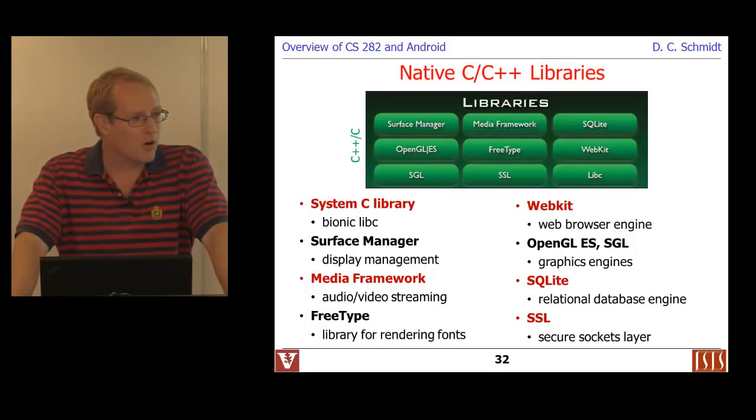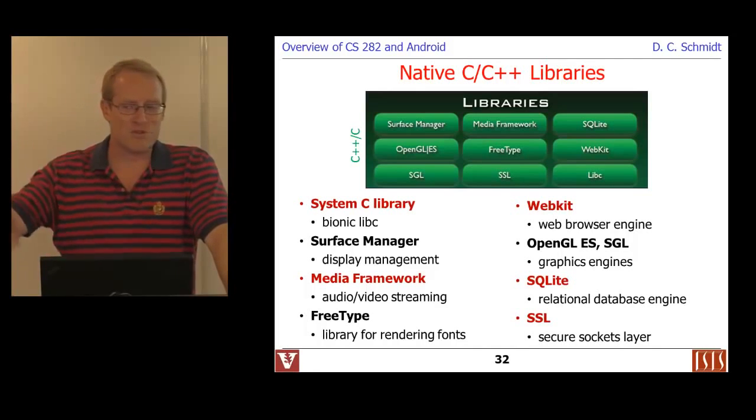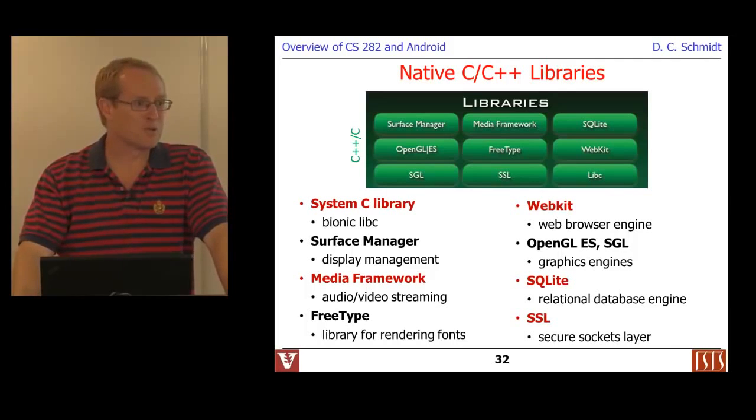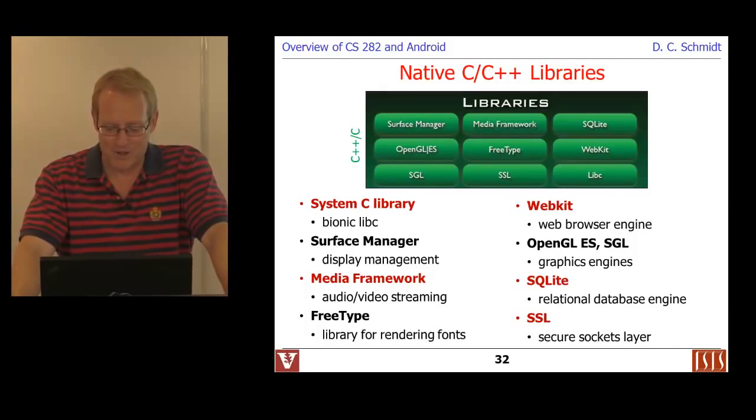There's a media framework that's provided at this level for streaming audio and video. These are used by things like the multimedia players, the media players. There's something called WebKit, which is actually an open source web browser and rendering framework that Apple released back in the day, and that's available on Android. Sort of somewhat ironic given the legal struggles between Apple and the Android providers that they're all using the open source Apple version of browsers.